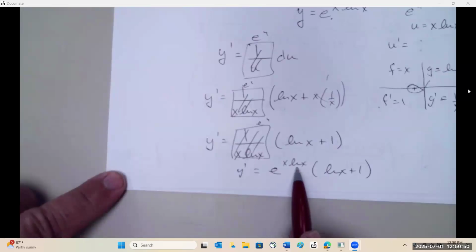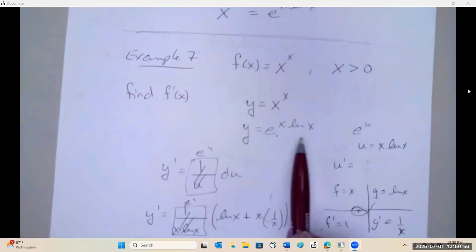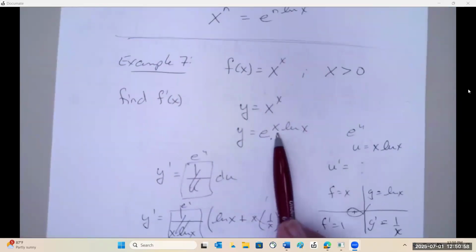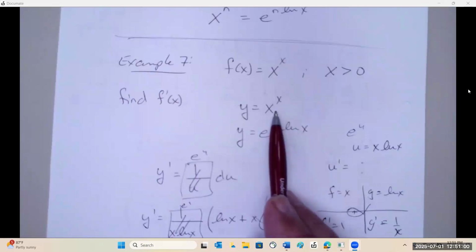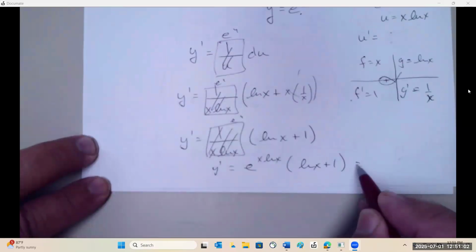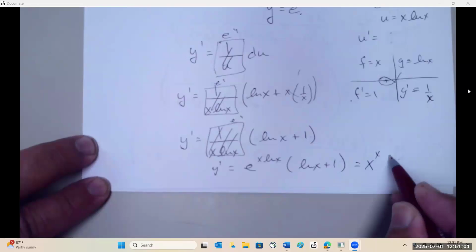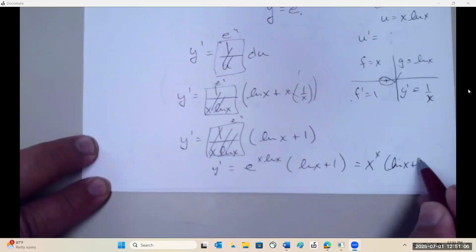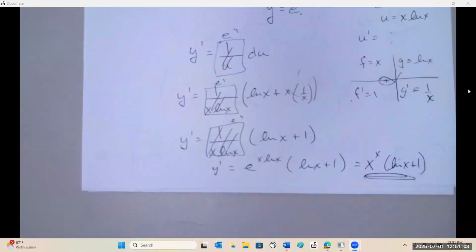And what is e to the x ln x? E to the power x ln x is x to the power x. So this becomes x to the power x times ln x plus 1. There's my derivative.